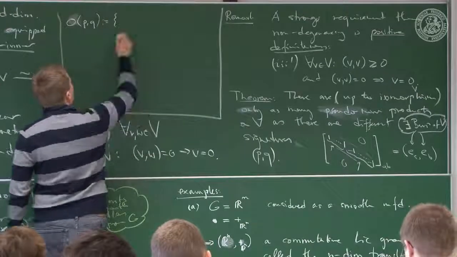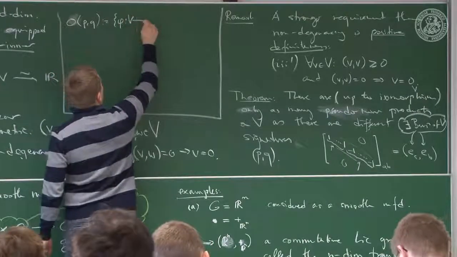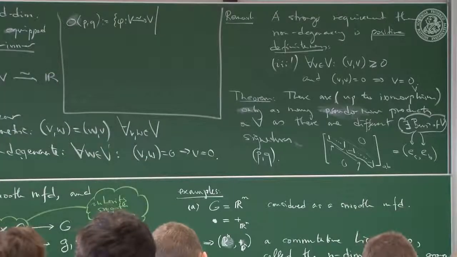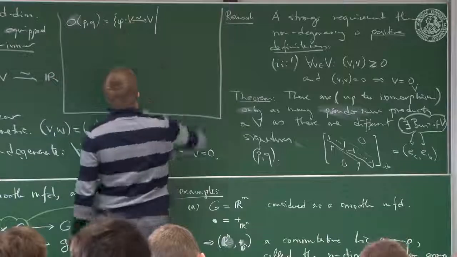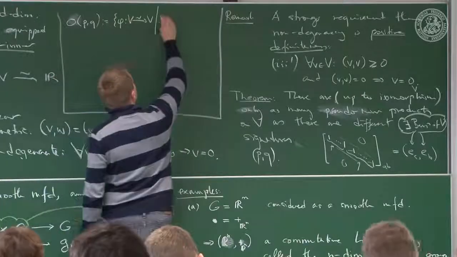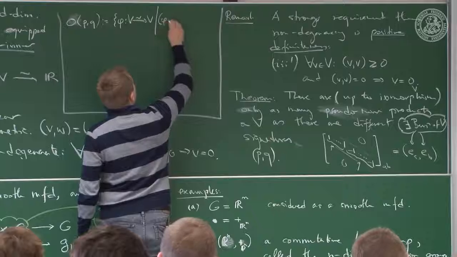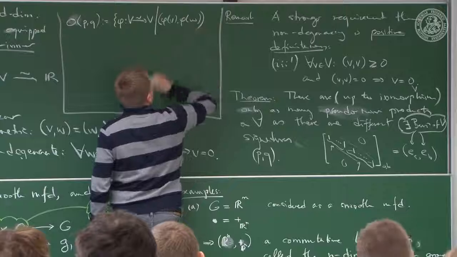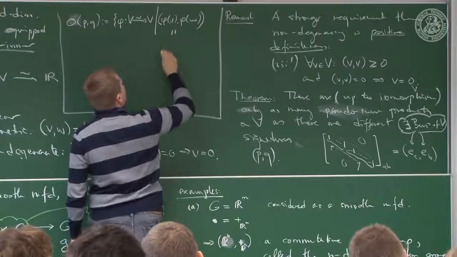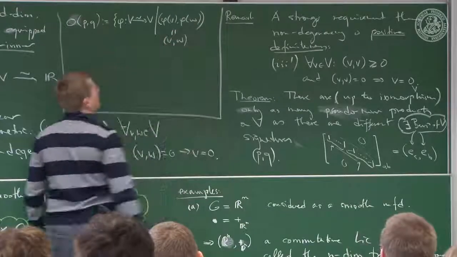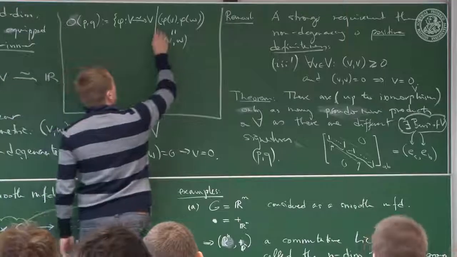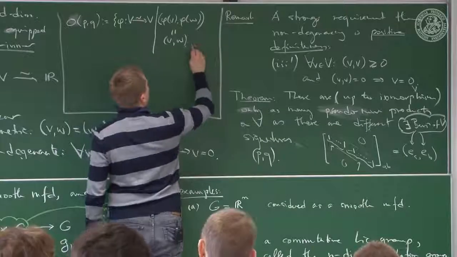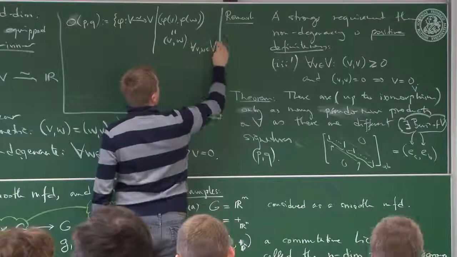That's the set of all linear maps phi from V to V, with a particular condition, namely this map phi should leave the inner product invariant in the following sense: you take phi of v and phi of w, and you take the inner product, this should be equal to the inner product of v and w. So the inner product shouldn't feel that you mapped both entries, and this should be true for all v, w in capital V.